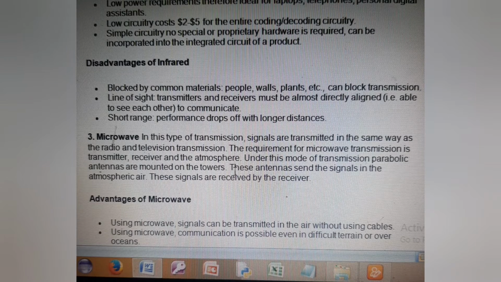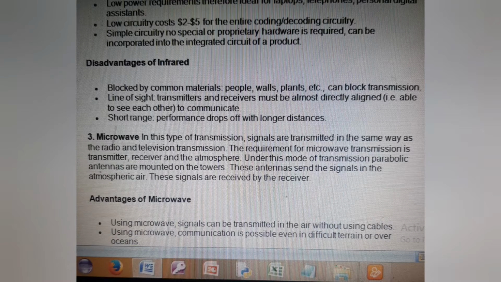Now comes microwave. In this type of transmission, signals are transmitted in the same way as radio and television transmission. The requirement is a transmitter, a receiver, and the atmosphere, because the atmosphere becomes a medium for transmission of your data.